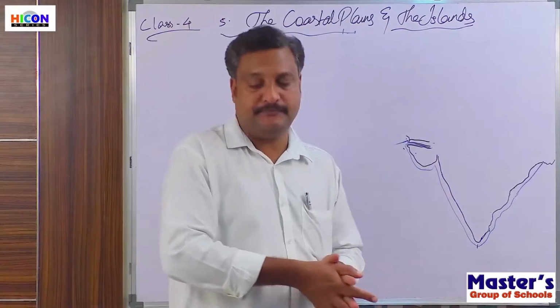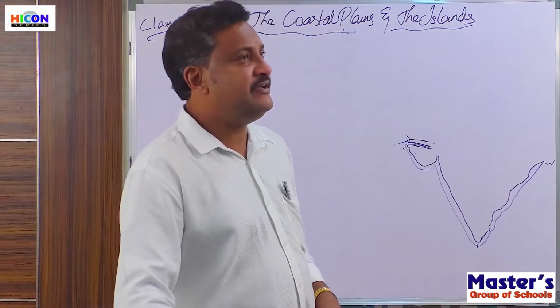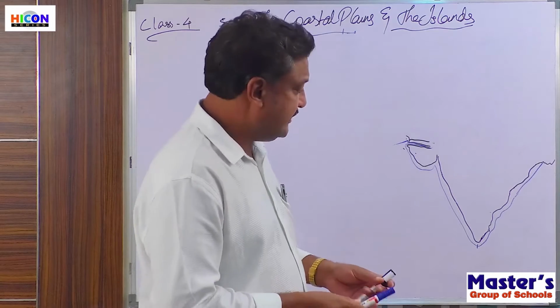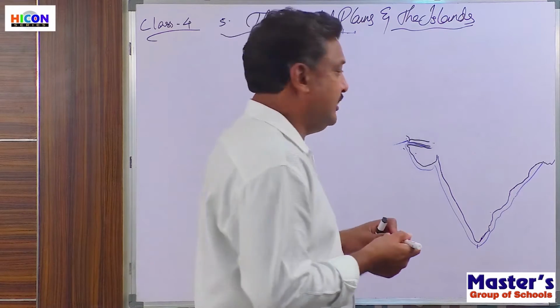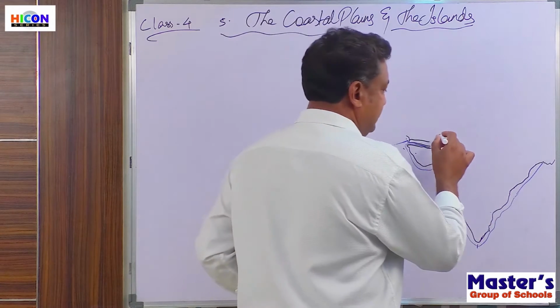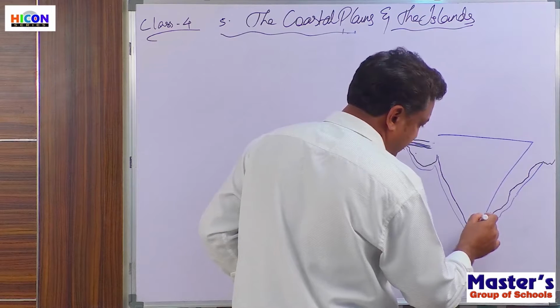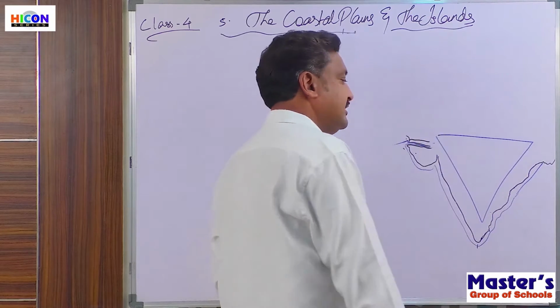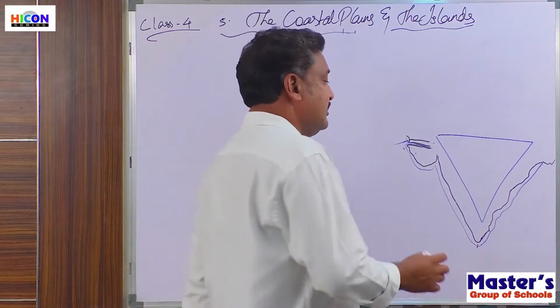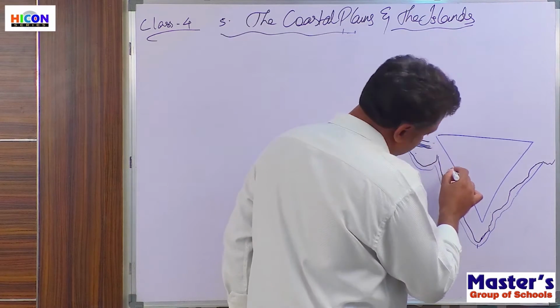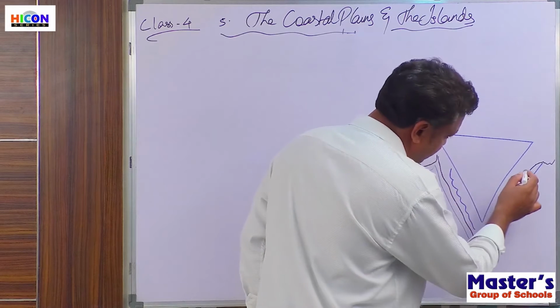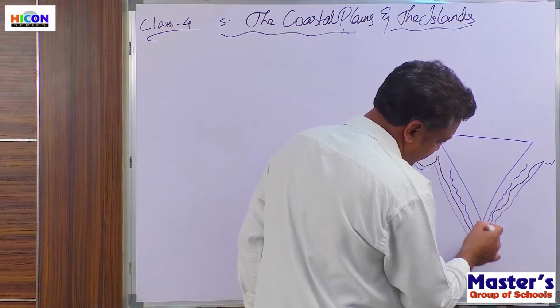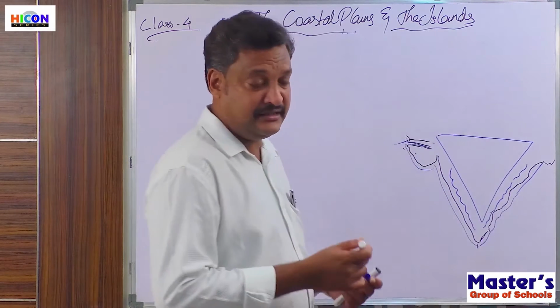Got it? Okay. So in the previous lesson we have learned that there is a triangular shaped plateau located in the peninsular region, and this is marked with ranges of mountains on the eastern and the western side, isn't it?